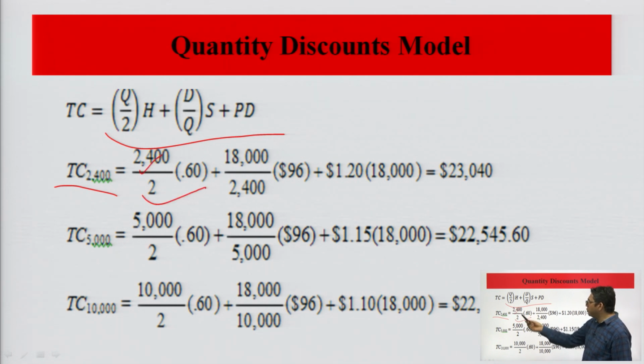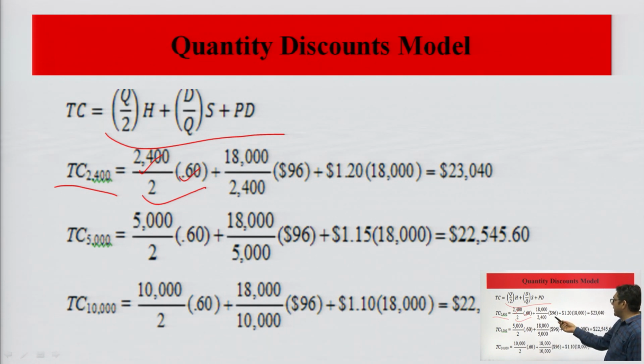It is quantity 2400 upon 2, holding cost 0.6, plus annual demand D upon quantity 2400 times the setup cost, plus price 1.20 times demand, that is 18,000. We got 23,040.